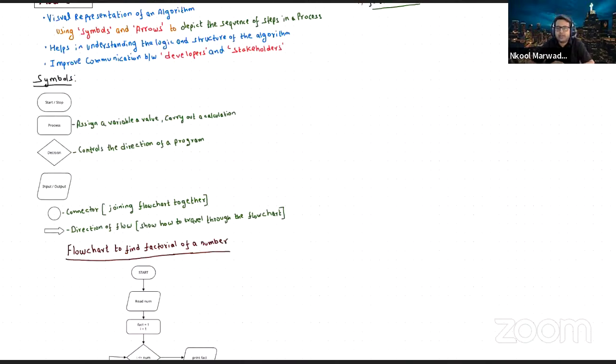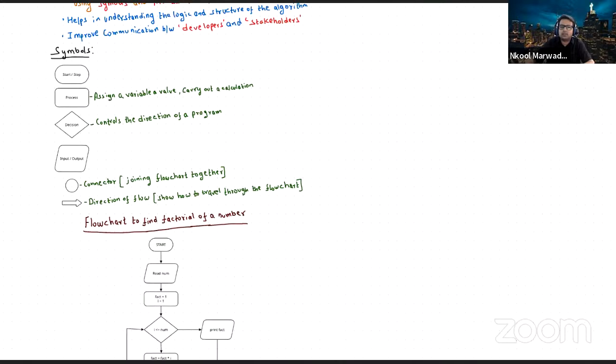Process means whatever variables we assign, whatever computations we do. Then for decision making we use the diamond, and for input output we have a different symbol. And we made a flowchart for the factorial of a number.